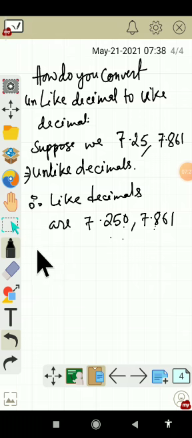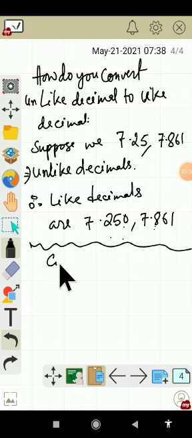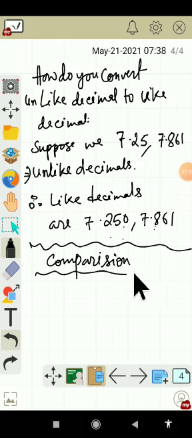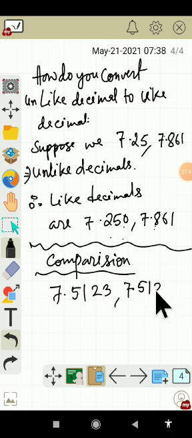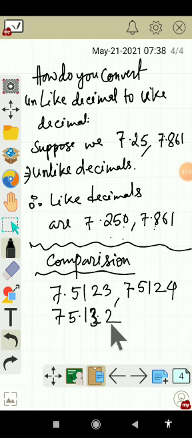Now comparing two decimal numbers: 7.5123, 7.5124, 7.5123132. For these types of numbers, we have to check the whole number. We know that any decimal number is divided into two parts: whole number part and decimal part.